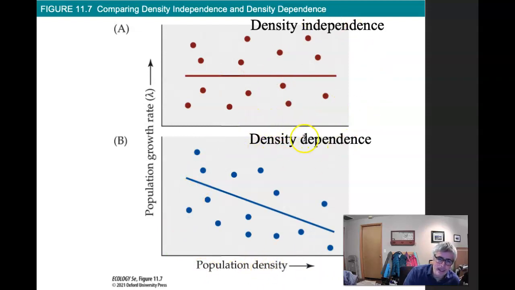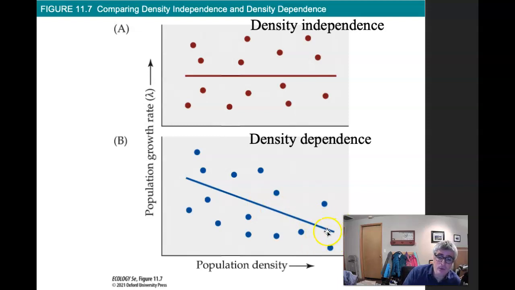Where density dependence growth rate, lambda, goes down as the population increases. And so at low populations, you could have a lambda of 1.1, or sorry, let's go higher than that, 1.5, and then eventually you're coming down to maybe a lambda of less than 1.